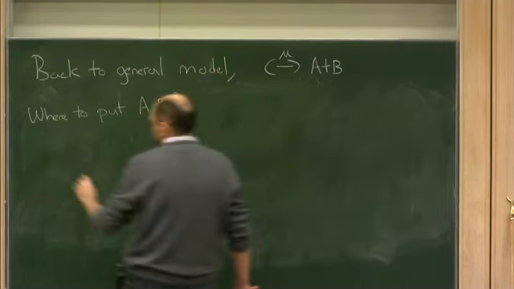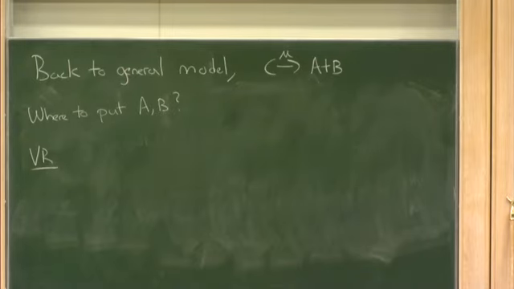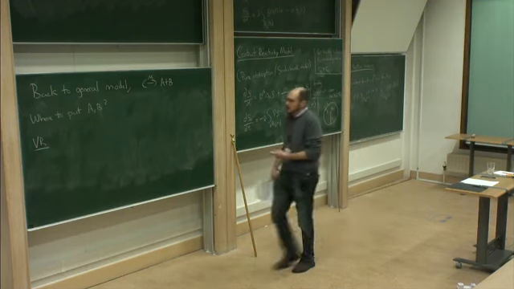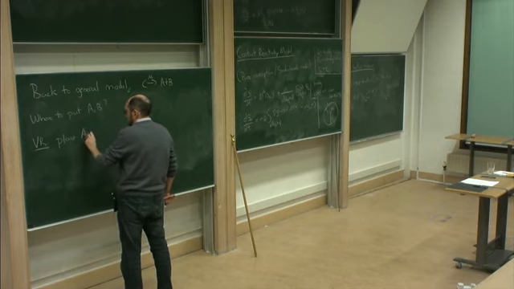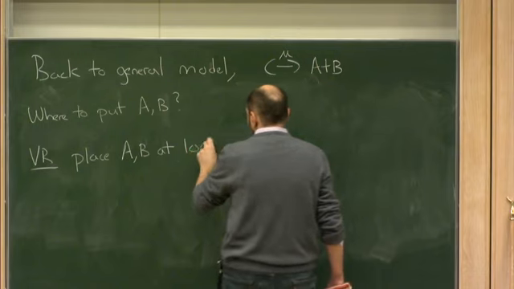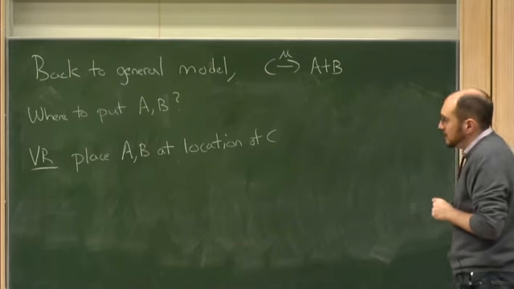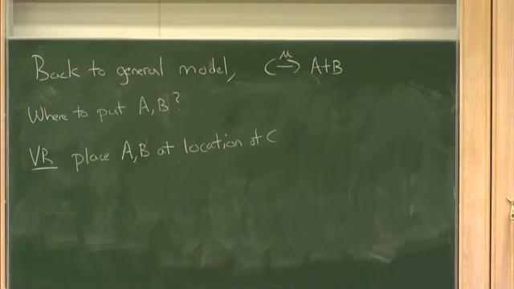In the volume reactivity, over here, we just said, when the molecule unbinds, we'll put it at the position of the C. So let's do the same thing here: when it unbinds, we'll just place A and B at the location of C. In the contact reactivity, we'll place one of them on an unbinding sphere, and then we'll place the other one by reflection so that the C is between them.